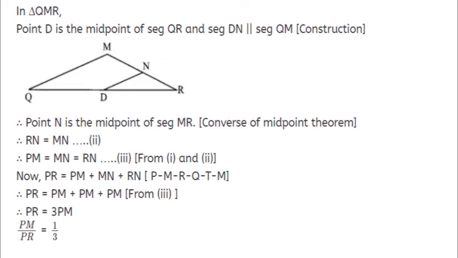Now, what is PR? Because we want to prove PM upon PR is equal to 1 upon 3 finally, now we can introduce PR.